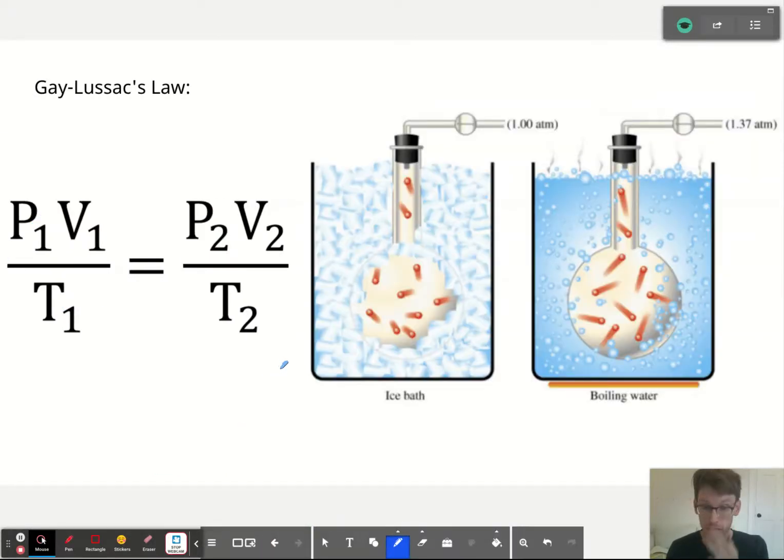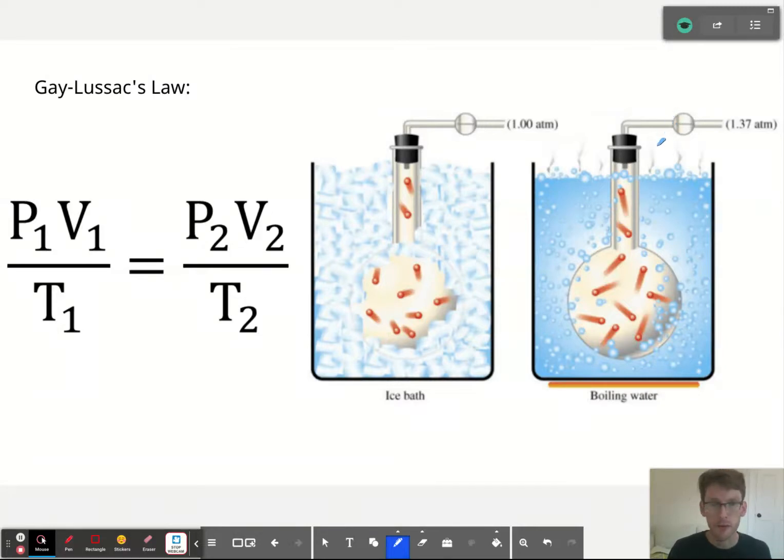Gay-Lussac's law, here's our third gas law. As you can see, we've got an ice bath, so the temperature is one thing initially, and you can see that there's a measurement of pressure. Notice that when we boil the water, the pressure increases.